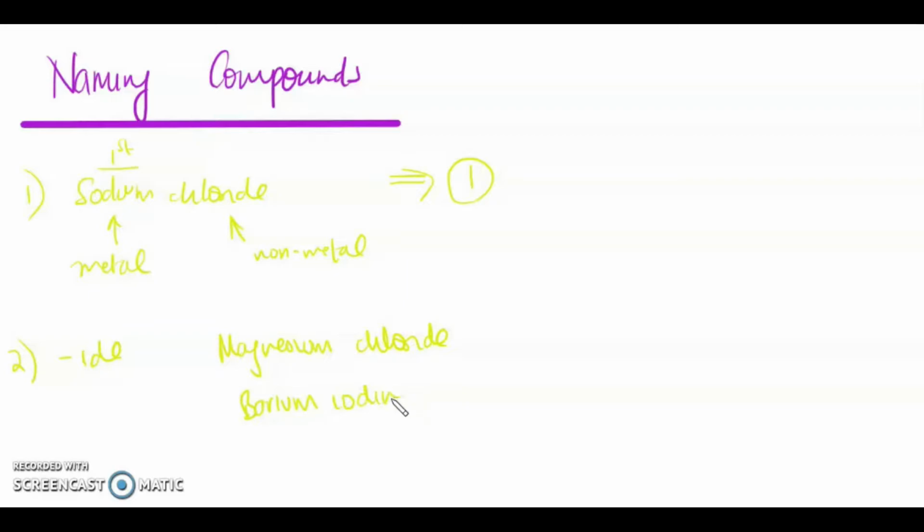You don't really need to know all of these names particularly, but you just need to know that whenever two elements react together and we have a compound resulting, the name that we give that compound, the product, often ends with "ide," right? So you can say magnesium chloride, barium iodide, sodium chloride. So these all are ending with that characteristic "ide," right? So this is rule number 2.